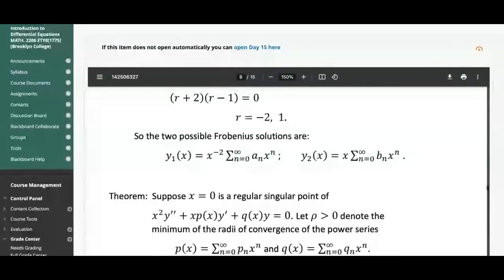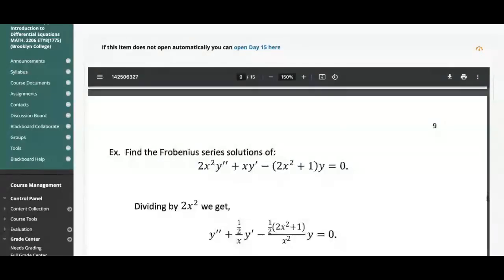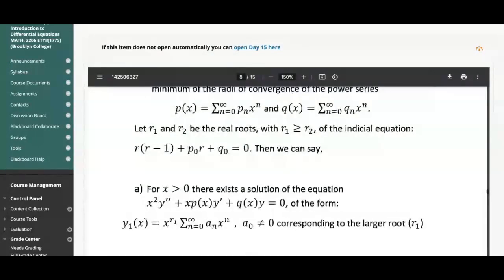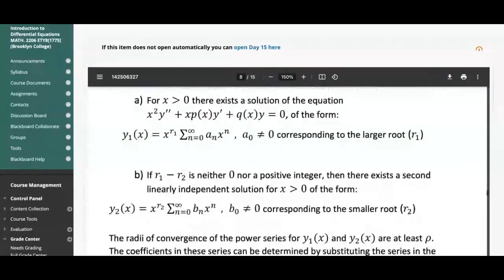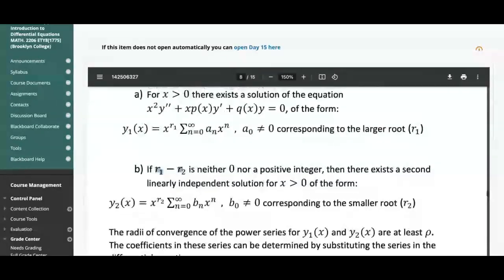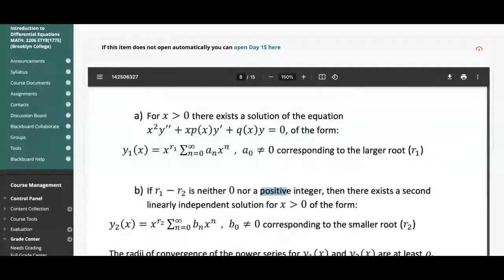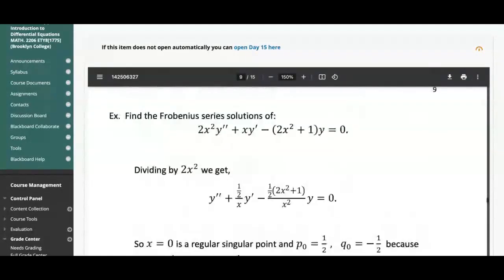Let me find it, I need to figure out what is an and bn. So these two differ by an integer. It doesn't have to be a positive integer, just these two differ by an integer. This one is just in general, there exists such a one. So let's see examples. Let's see this one.